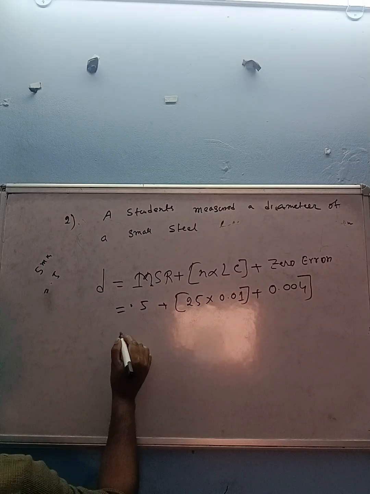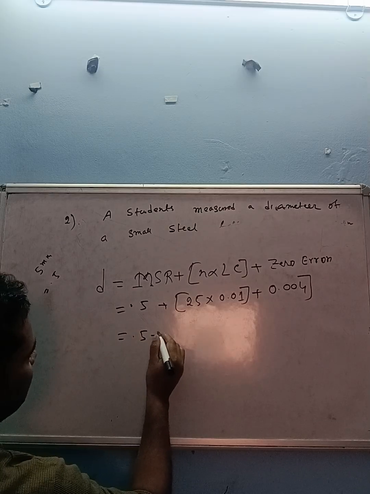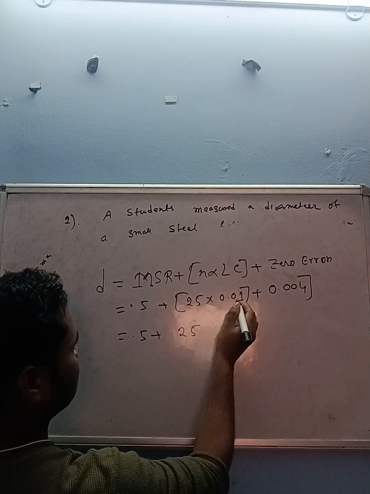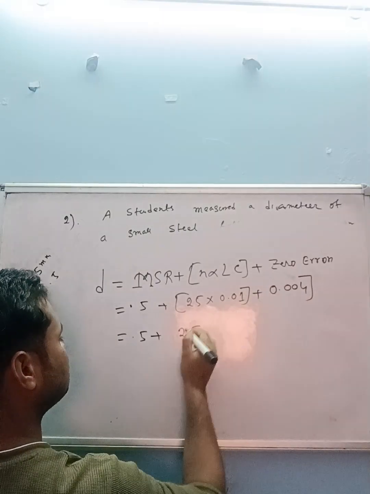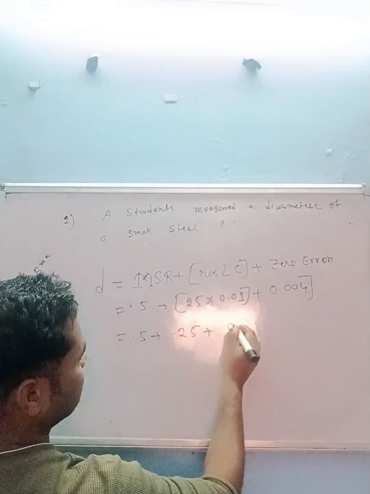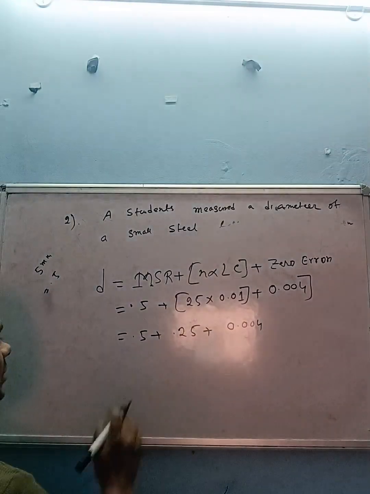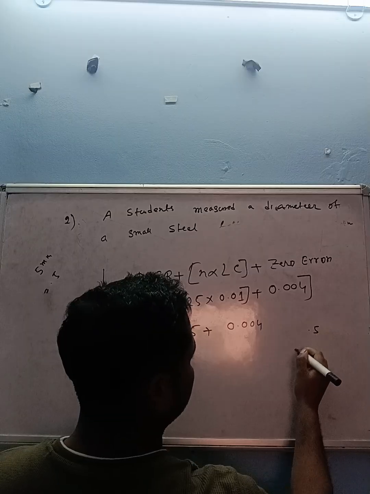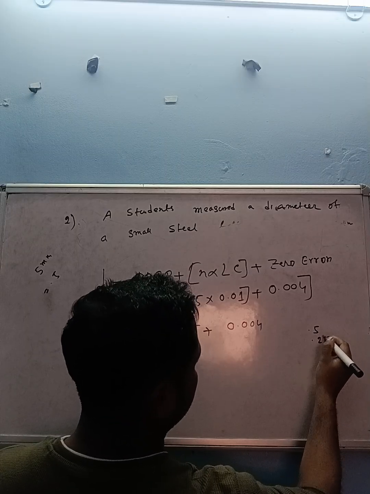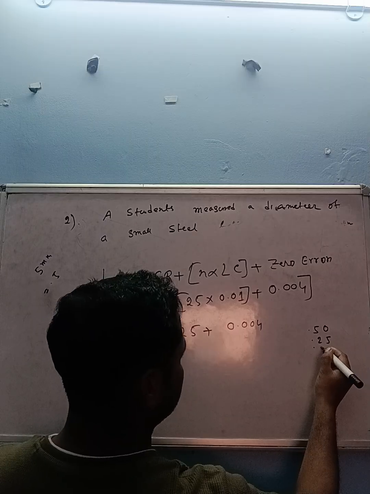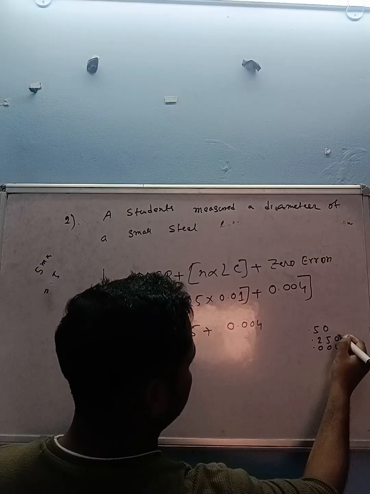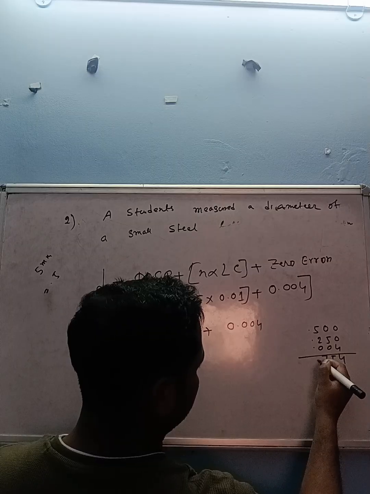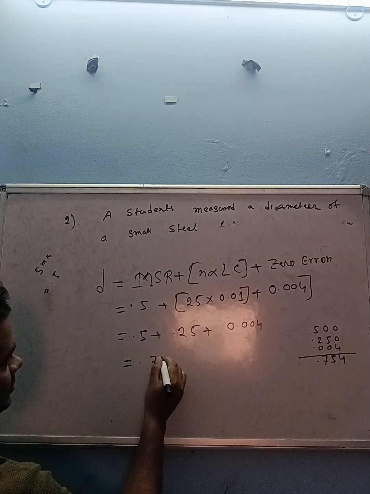So you can write 0.5 plus 25 multiplied by 0.01, which is 0.25, then 0.004. Add everything and the answer will come. Here 0.5, here 0.25, and 0.004. The sum is 0.754.